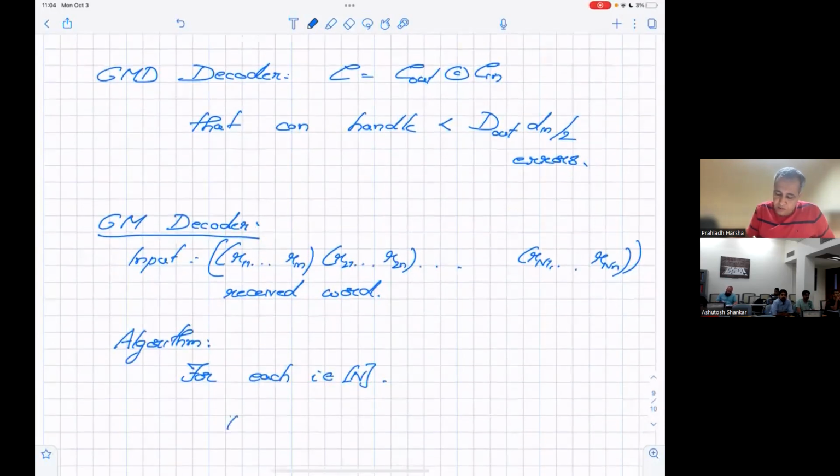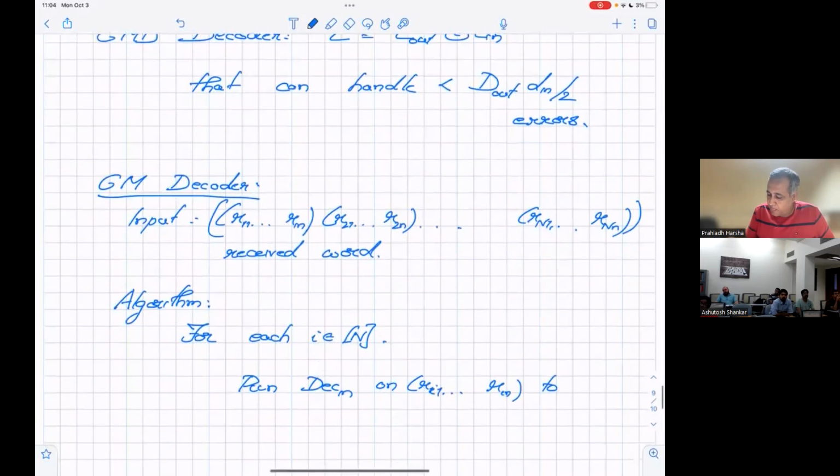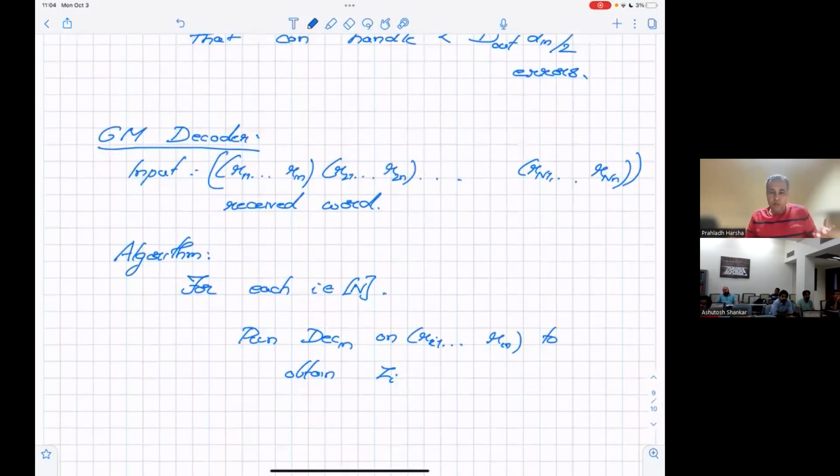Run the inner decoder on R_i1, ..., R_in to obtain, say, Z_i. Okay, that's the inner decoder output.